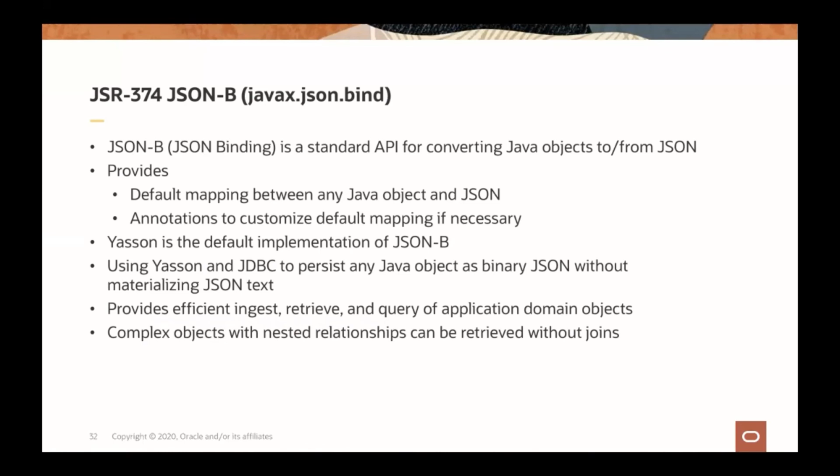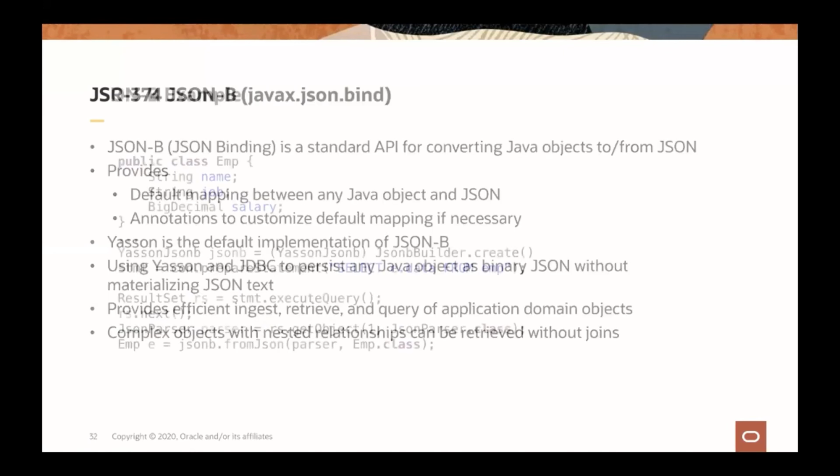When you decide, hey, I want to get this customer, it would go out and do a join between those two tables, piece it back together, and give you your object back. In the case of JSON, that can be stored as one value, one JSON object with a nested array and other JSON objects. So it's a more direct, more efficient way to model your domain objects in the database.